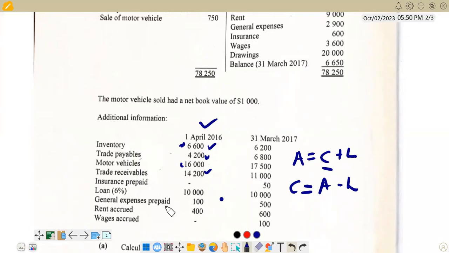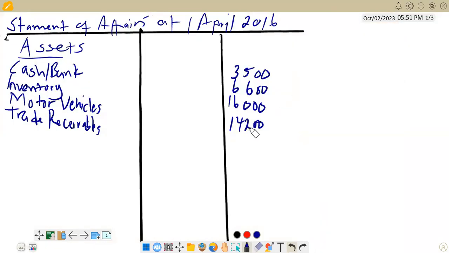After that, we've got general expense prepaid. So this one also is an asset. Remember, whenever there's a prepayment of assets, they fall under current assets, so they are assets, right? So we include general expenses prepaid.